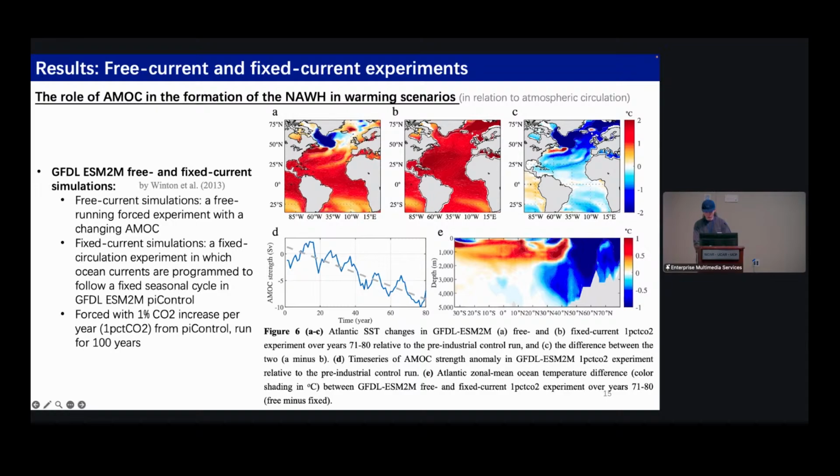Panels A and B are the SST anomaly in the free and fixed current simulations, and we can see that there is an obvious warming hole in the free current simulation rather than the fixed current simulation. And panels C and E are the difference between the free and fixed. So the result is very clear that the ocean circulation, especially the AMOC, plays a more important role than the atmospheric circulation in the warming hole formation process.